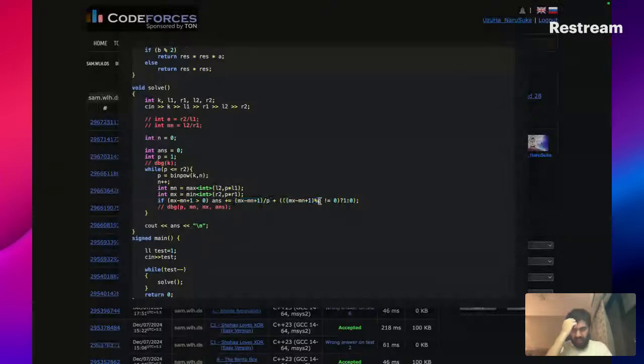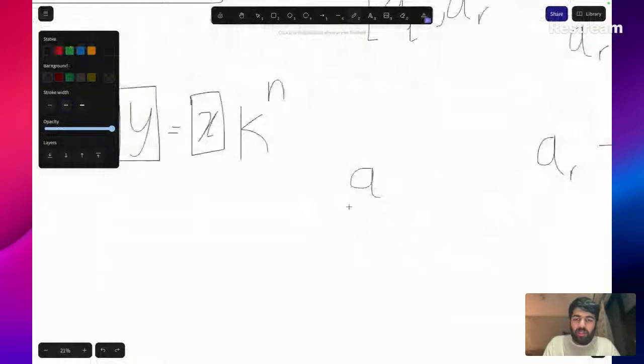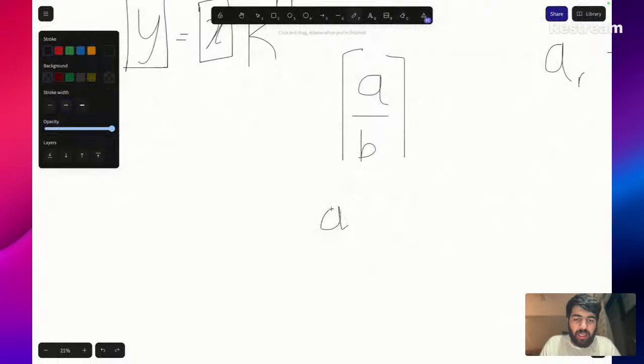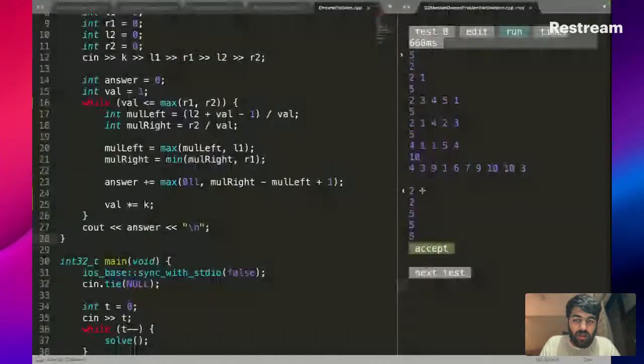Basically, ceil divide. This is not ceil. If the remainder is not zero, I'm adding one, but this is floor. If you want to find the ceil of A upon B, just write A plus B minus 1 upon B. You have written the opposite, A minus B plus 1.